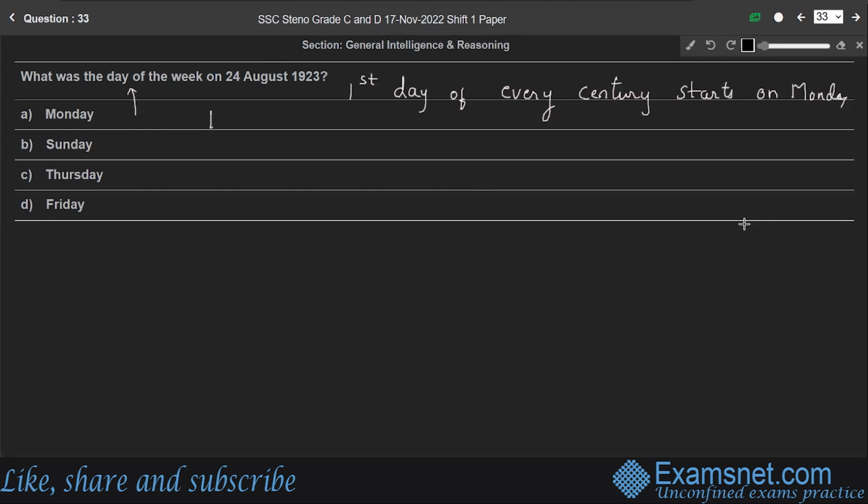Therefore, in the year 1900, 1st Jan was on Monday, right? Here 1900 is a leap year. There are 366 days, right? So 366 days make 52 weeks and 2 extra days.